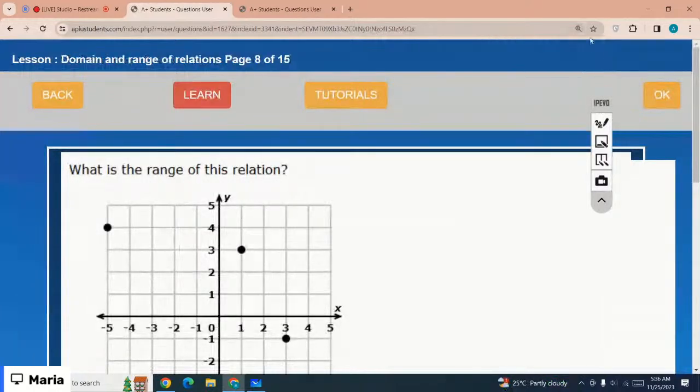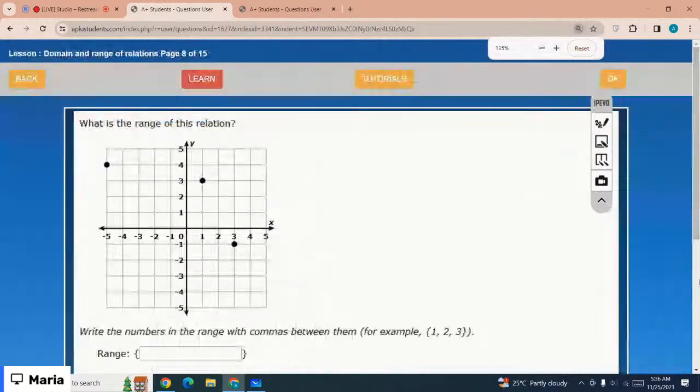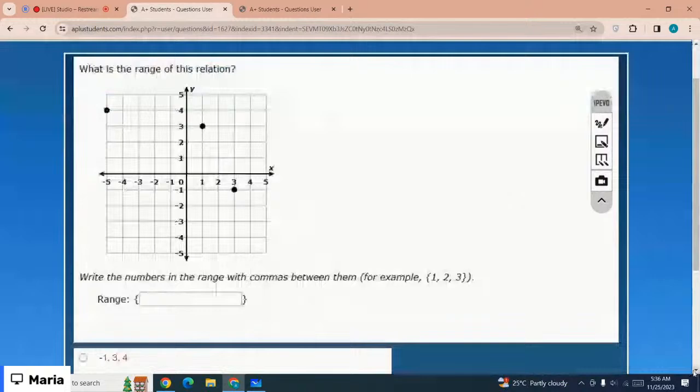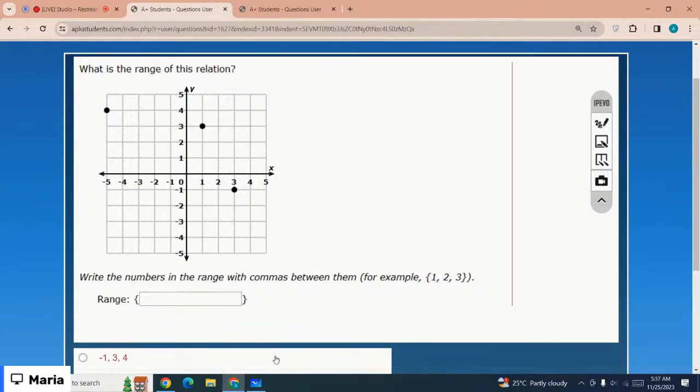Which is the correct option? Okay, the range is -4, not negative 4, 3, and -1. Option number 1 is the correct option.